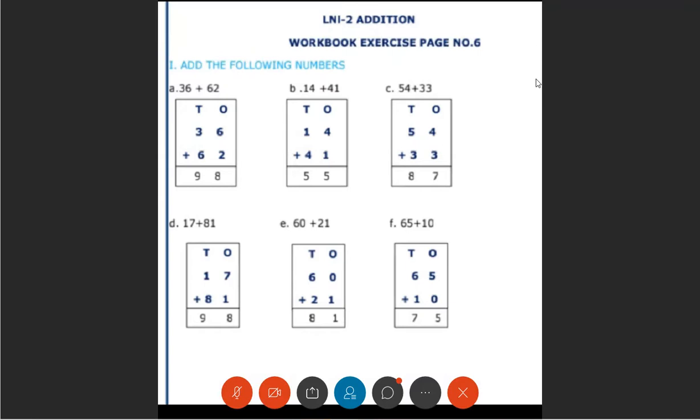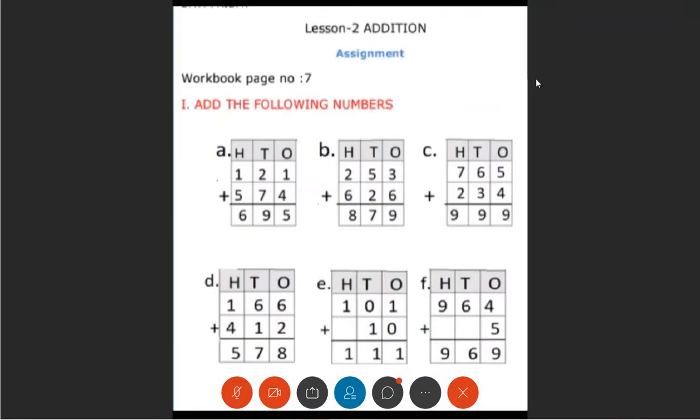Page number 6 and then workbook page number 7. Already you have completed, I hope so, in these 2 days. So you can check all the answers. Page number 6 and page number 7.